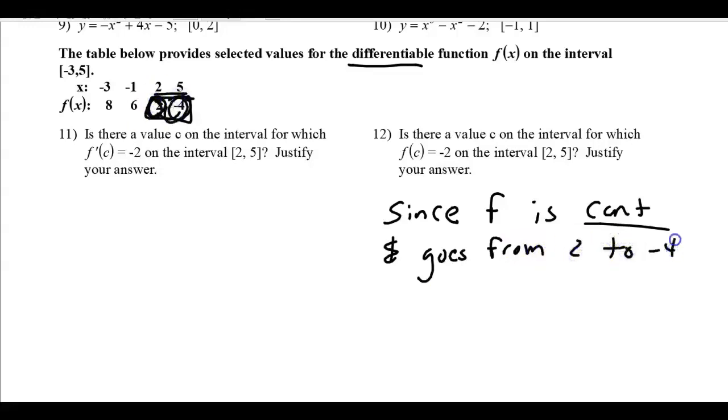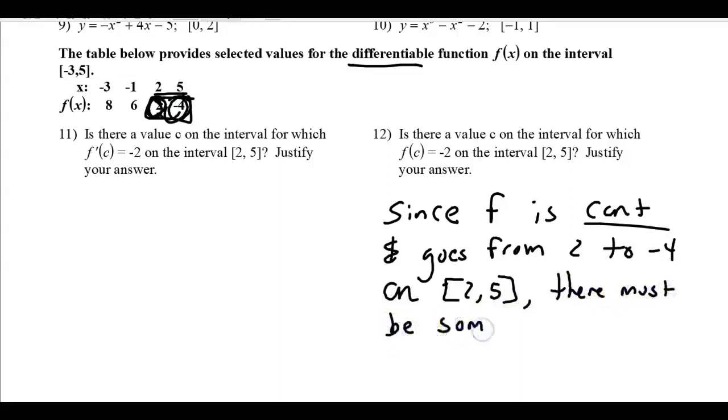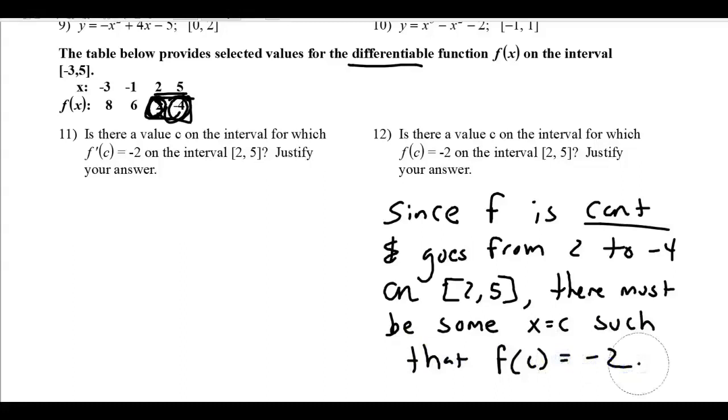So: since f is continuous and goes from 2 to -4 on the interval [2, 5], there must be some x value c such that f of c equals -2. Now, that's the intermediate value theorem.